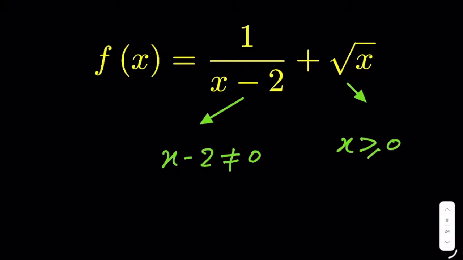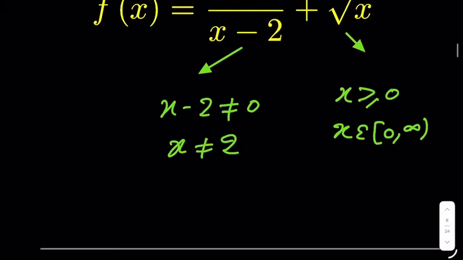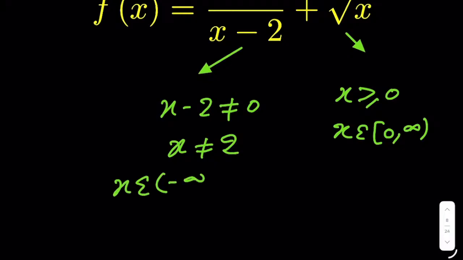No problem. This one is not defined at x equal to 2, otherwise for all values of x. And this one says from 0 to infinity. Clear? This one says, sir, from minus infinity to plus infinity except 2.